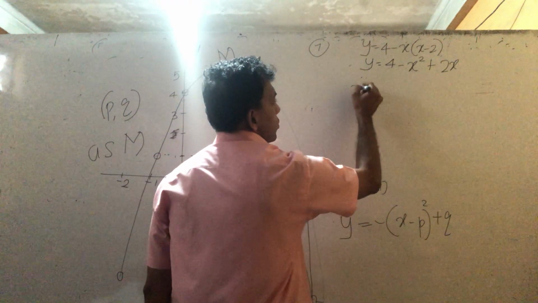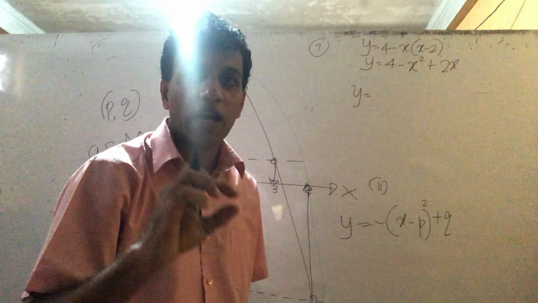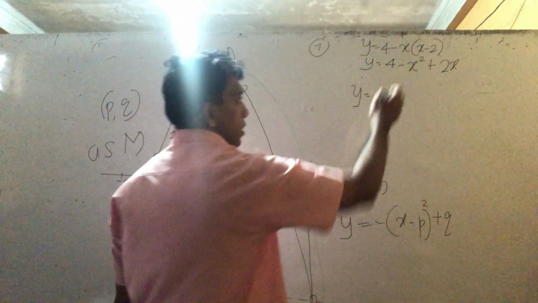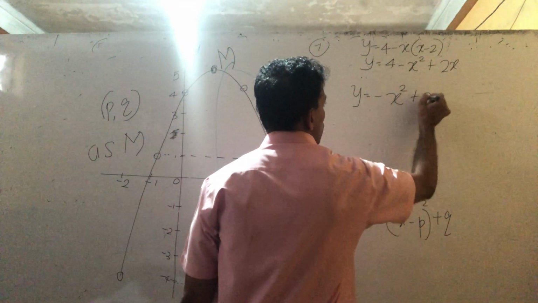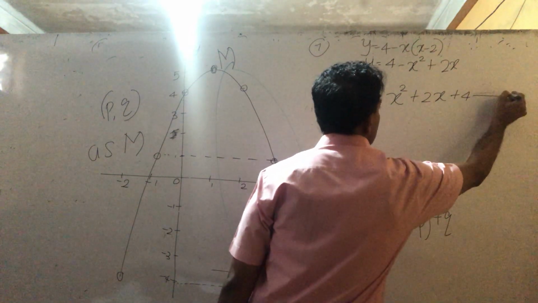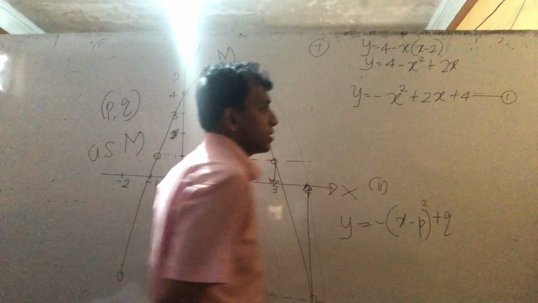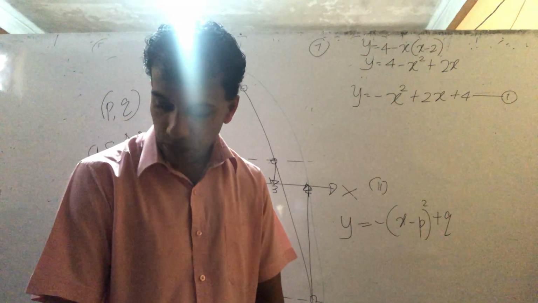Now write y in the general pattern of the quadratic function, ax square plus bx plus c form. Here, minus x square plus 2x plus 4. This is my first equation, the drawn graph equation.